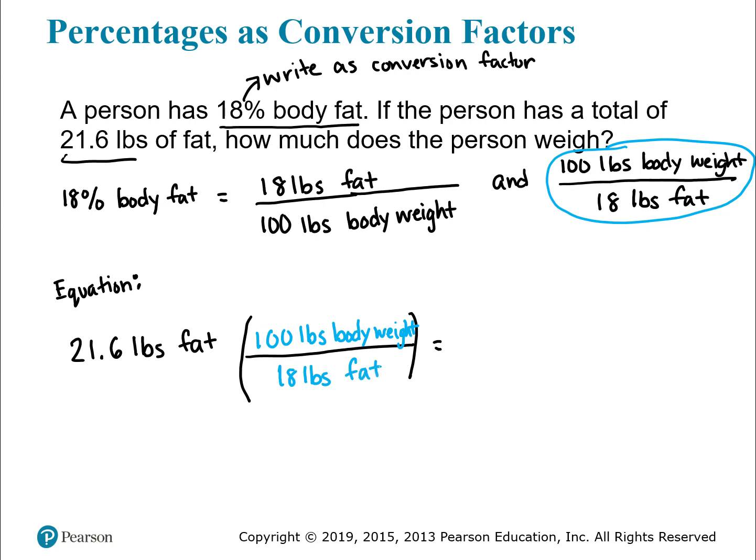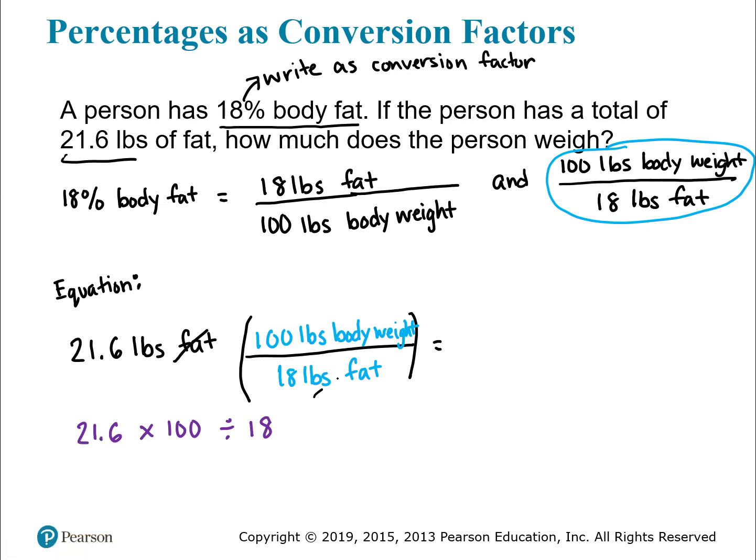But be careful here. Notice that there's a number in both the numerator and the denominator. So when you put this into your calculator, you're taking 21.6, multiplying by 100, and dividing by 18. You have to do both. Our units cancel out.